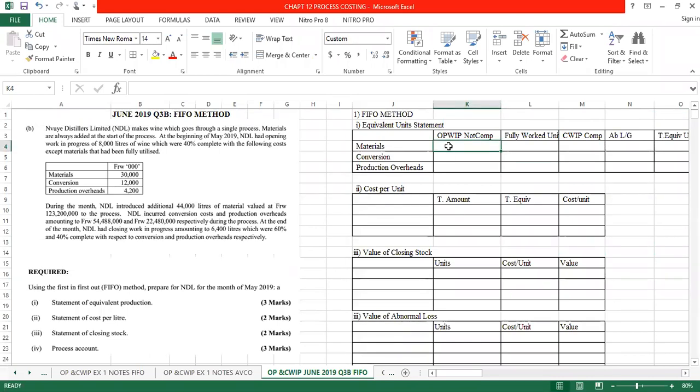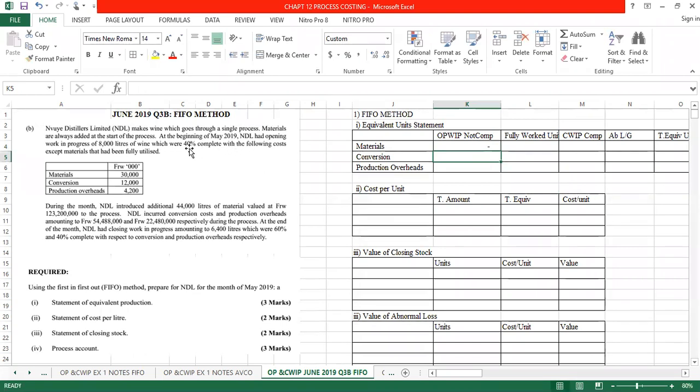So you can take 8,000 times 0% is what is not complete. Materials was 100% complete, fully utilized, so not complete is 0. The others were what? 40%.